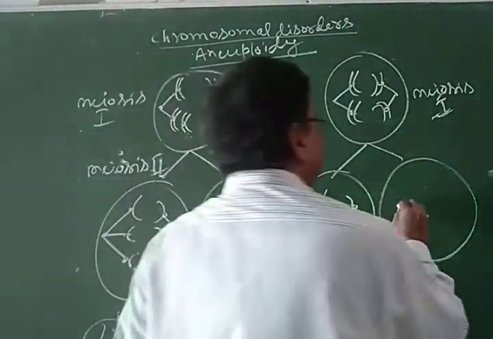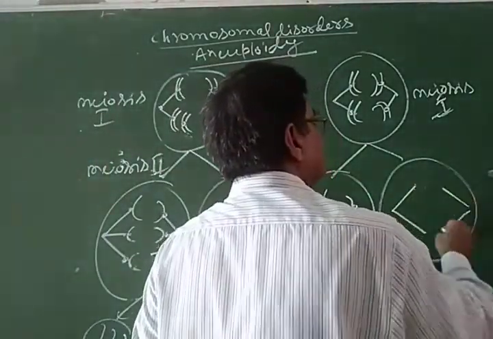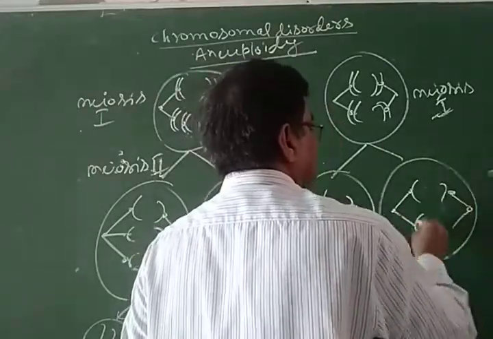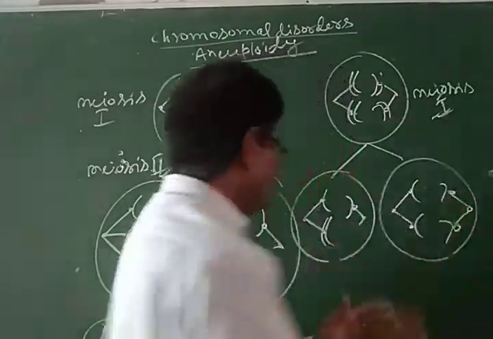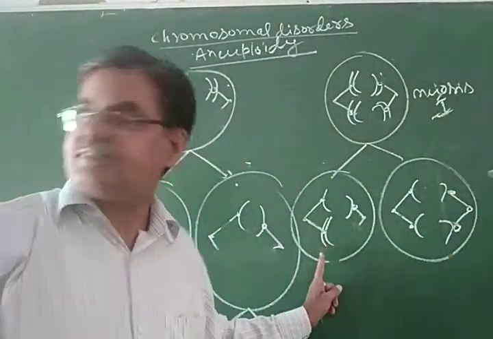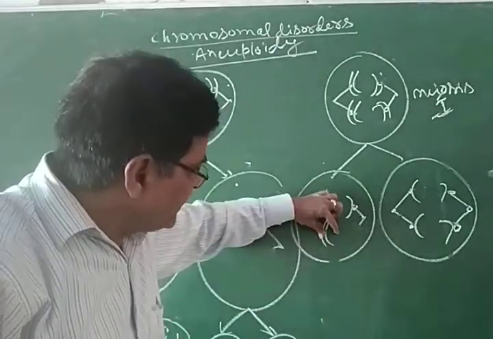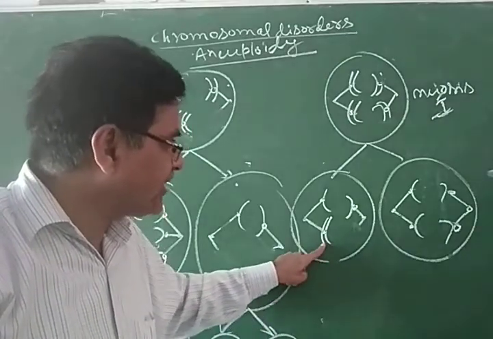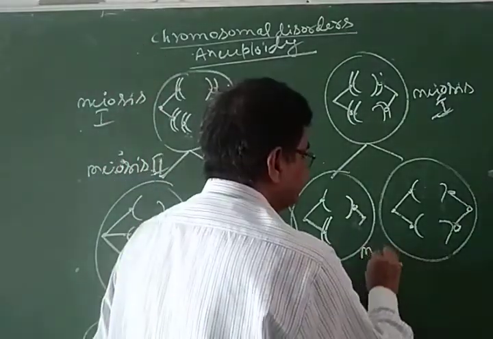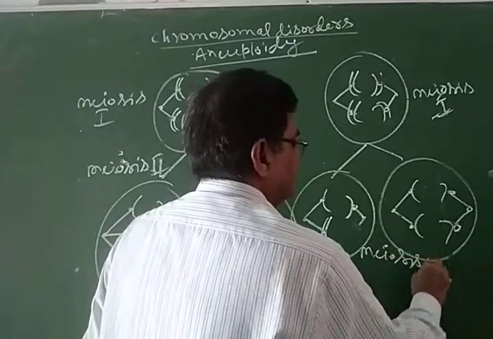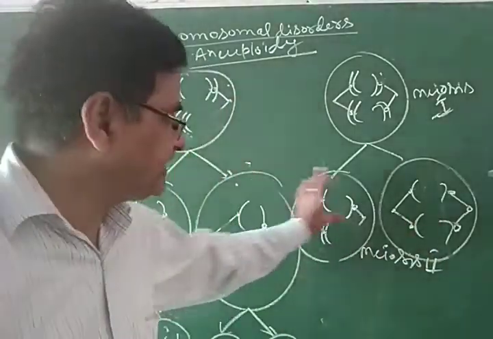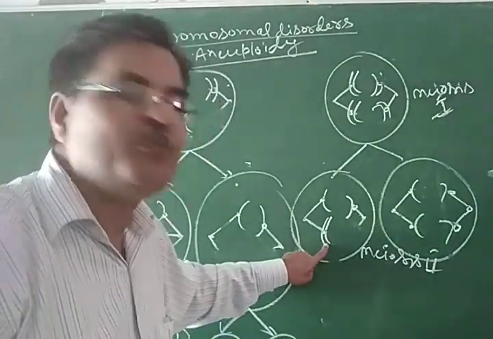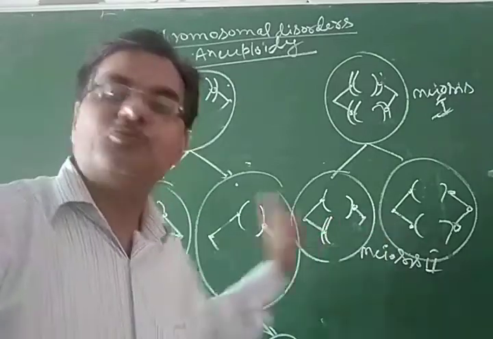Suppose this one is the normal condition, where the chromatids are segregated, but in this cell there is no segregation of chromatids. The chromatids are moved towards one pole. This is the failure of segregation of chromatids in meiosis second, in the anaphase stage of meiosis second. Chromatids should move towards the poles.